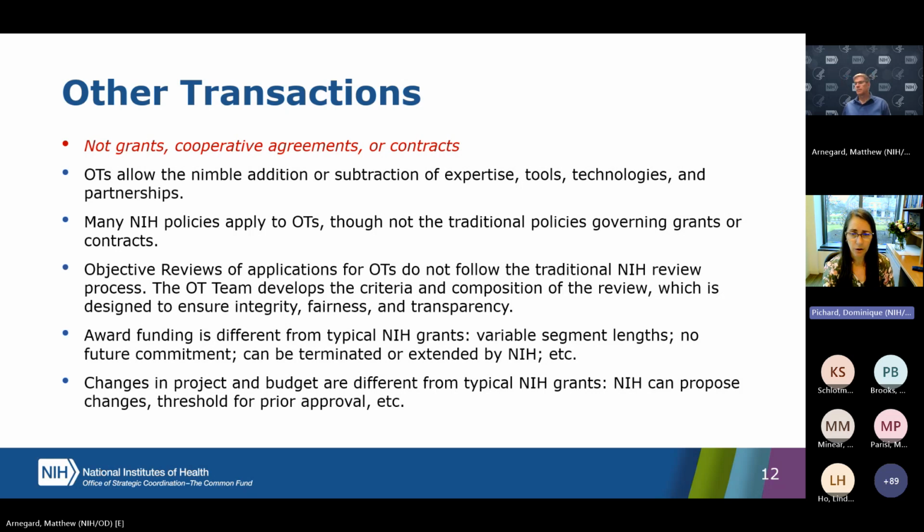For example, OTs allow for variable segment lengths, no future funding commitments, and early terminations or extensions by NIH depending on the circumstances. Changes in the project and budget are also handled differently. For example, NIH can propose changes beyond what was required in the ROA, as well as establish unique terms and conditions, like a threshold for prior approval that's customized for each individual award.